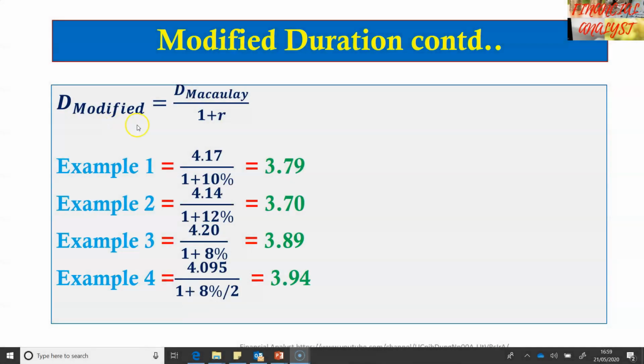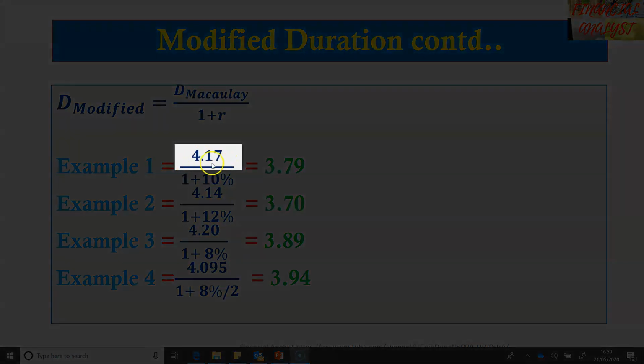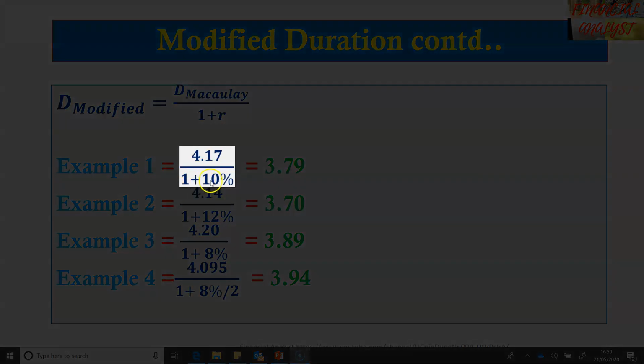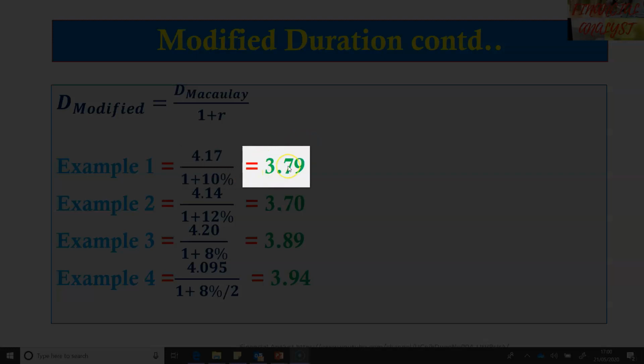Using the modified duration formula, we can calculate the modified durations for our bonds in example 1, 2, 3, and 4. The first bond had a Macaulay duration of 4.17 and the YTM was equal to the coupon rate of 10%. So using the Macaulay duration and dividing it by 1 plus the YTM, that is R, we get the modified duration equal to 3.79.